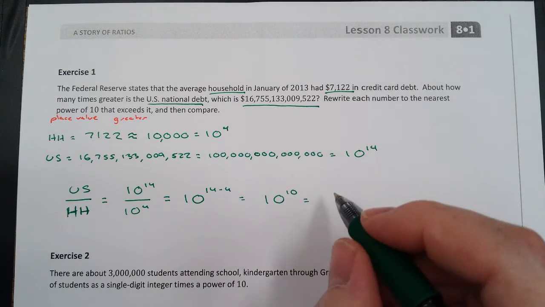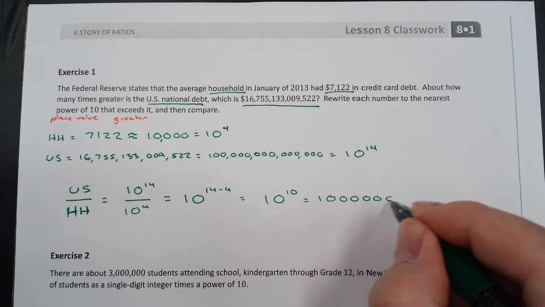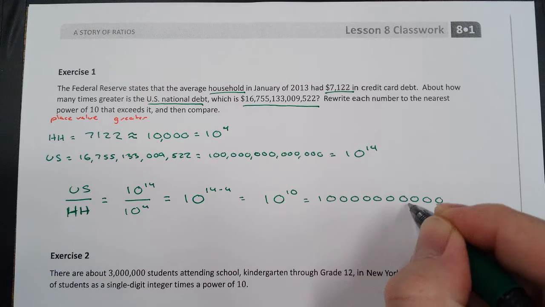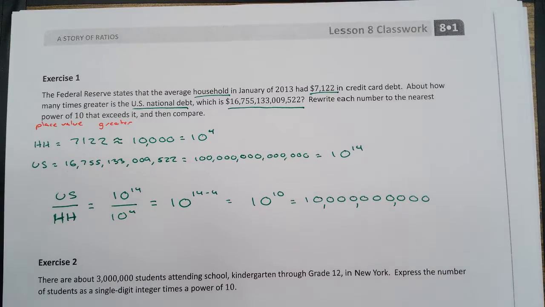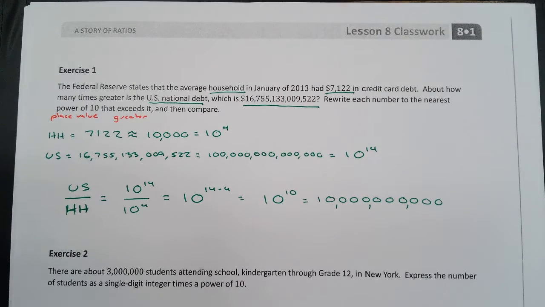So the U.S. debt is 10 to the 10th times greater than every house's debt. By the way, 10 to the 10th is that number. The United States owes $10 billion more than a single household.